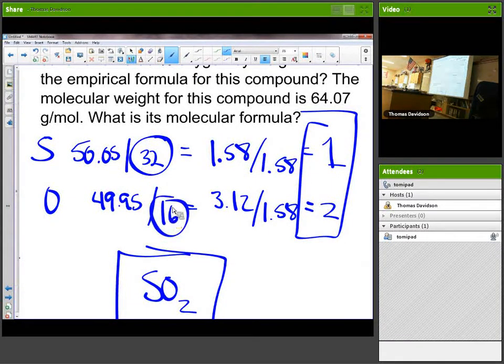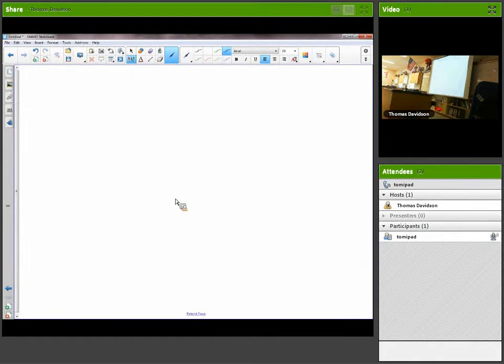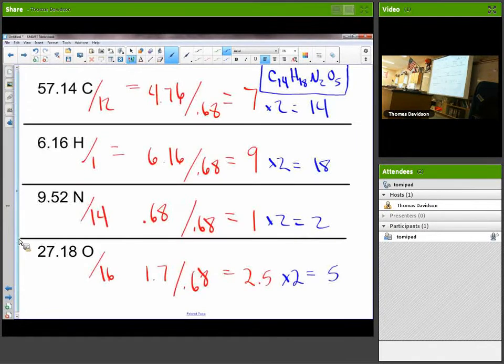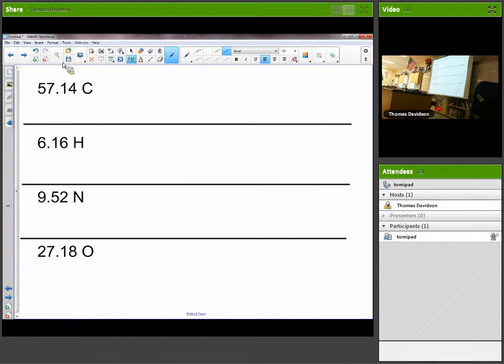Okay, a harder one. Uh-oh, there's the answers, so I better just clear all that out. Okay, here you go. This one has a wrinkle that makes it a little bit harder. So is that in grams? Yeah, these are the grams.